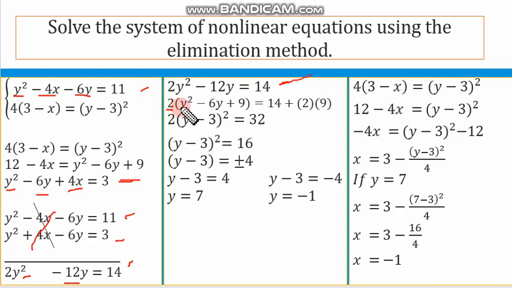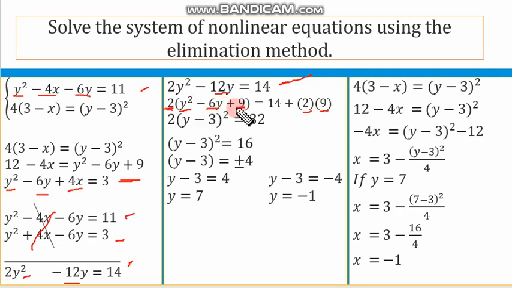So 2 times the quantity of y squared, because 2y squared divided by 2 is y squared, and then negative 12y divided by 2 is negative 6y, and then we will use completing the square here. Negative 6 divided by 2 is 3. 3 times 3 is 9, so we will add 9 here on the left side and also on the right side. But remember that we factored out 2 earlier, so we will also include 2. So 2 times 9 is what we add at the right side.